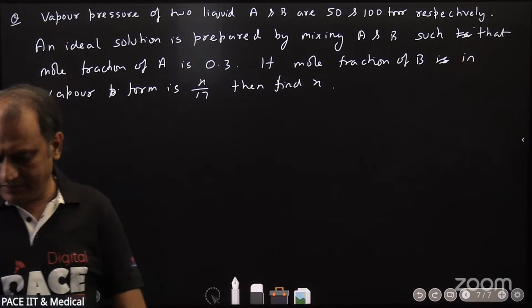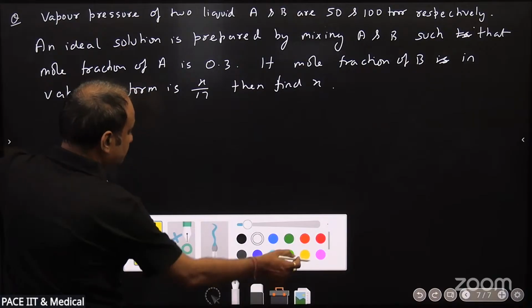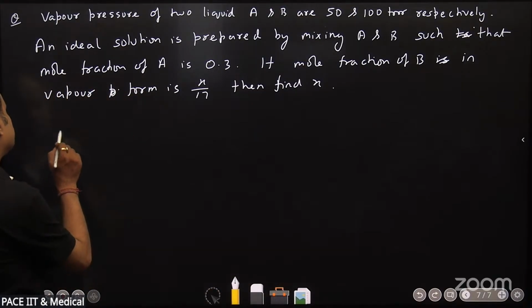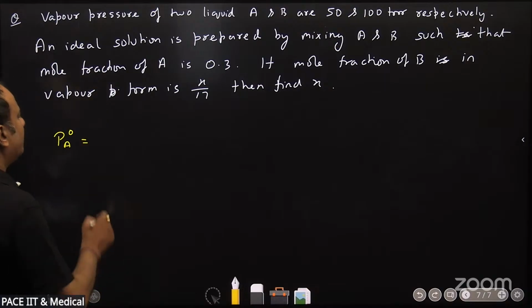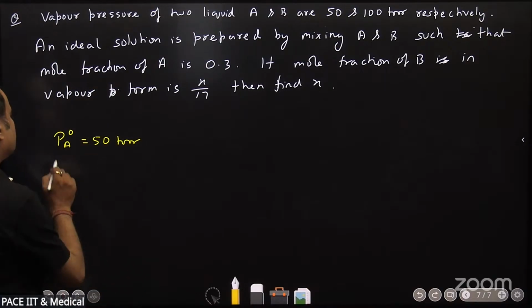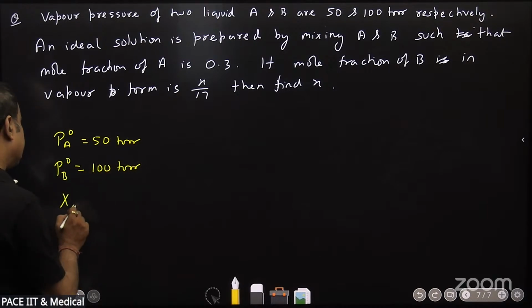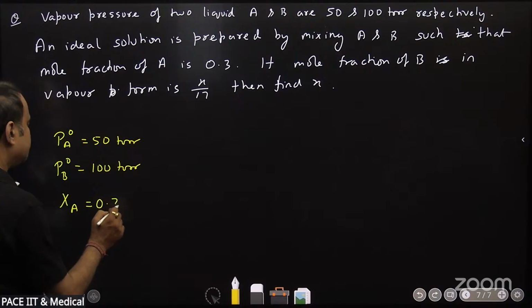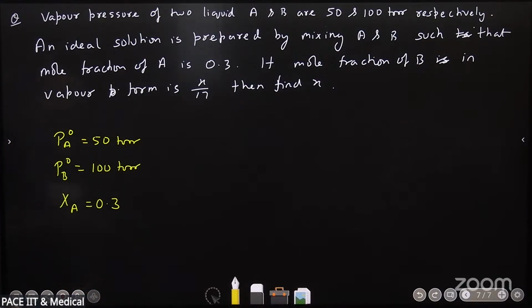PA naught and PB naught is given. So PA naught 50 torr, PB naught 100 torr. XA 0.3. And we are asked YB.